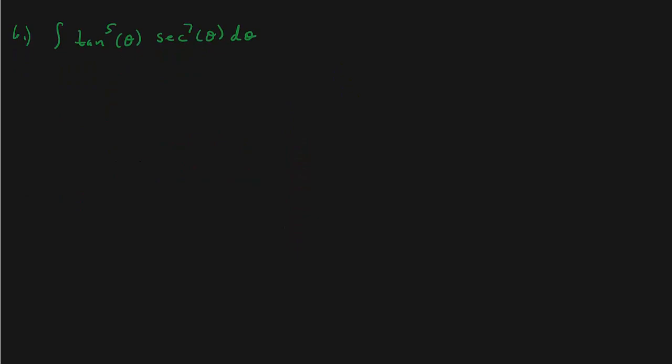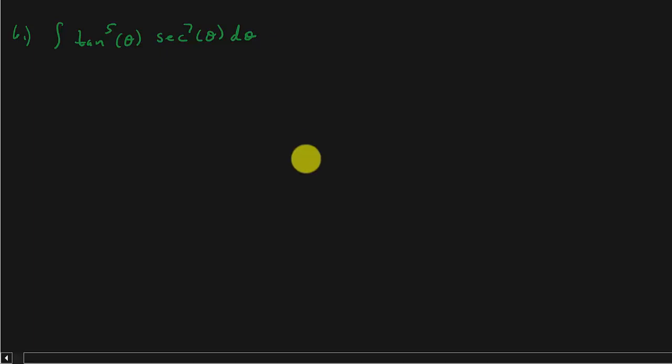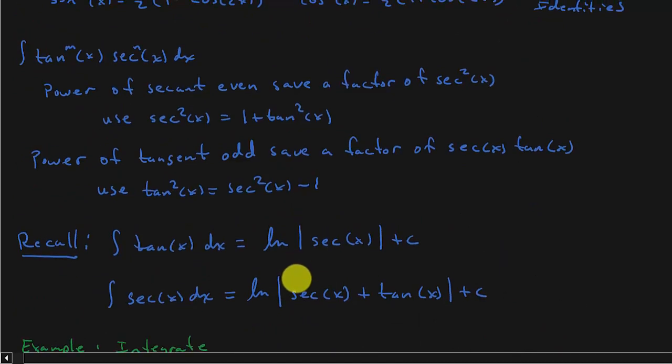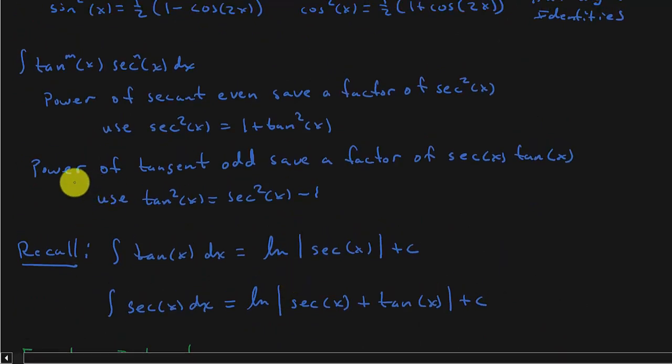All right, so we've got tangent to the fifth, secant to the seventh. So what did it say if the power's odd? Let's go back up here. Power of tangent odd, save a factor of secant tangent.